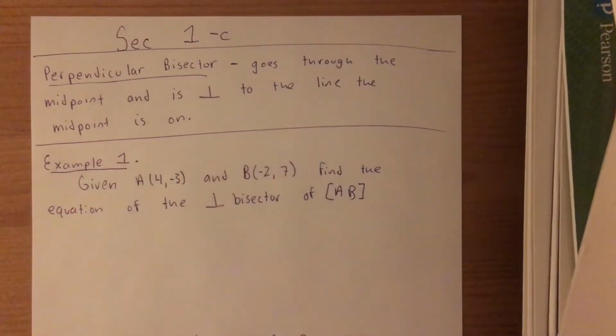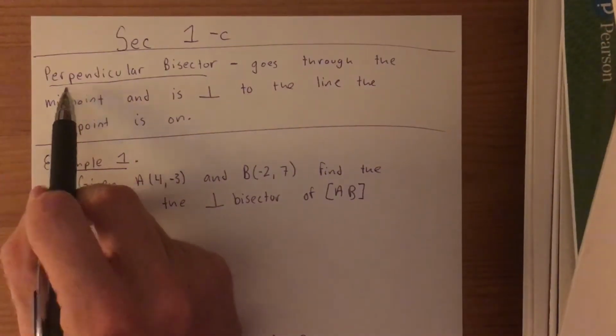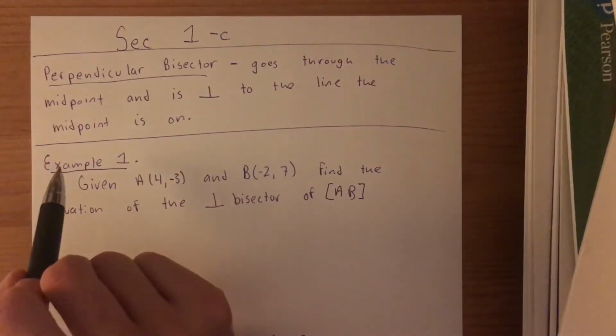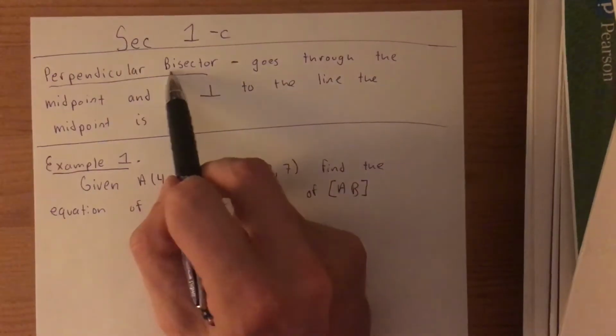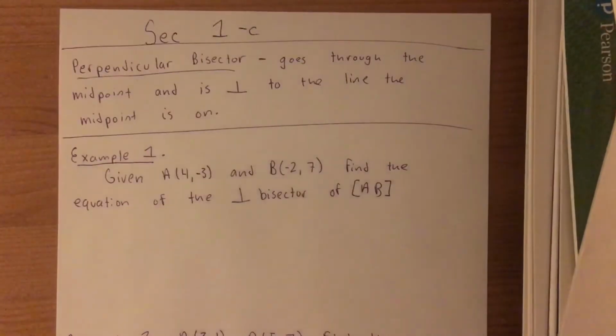And so in math, we like to name these things quite literally. So if you had no idea what a perpendicular bisector was, you could almost figure it out if you knew what the word perpendicular is. So you should be saying, okay, perpendicular, that's 90 degrees. The prefix bi means two, and sector just means areas.